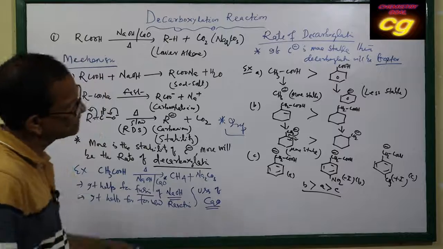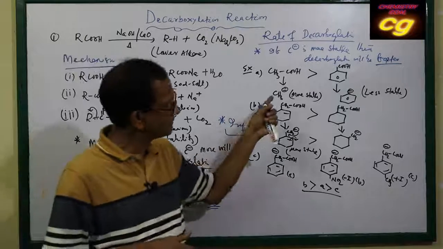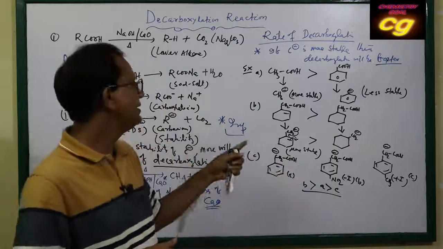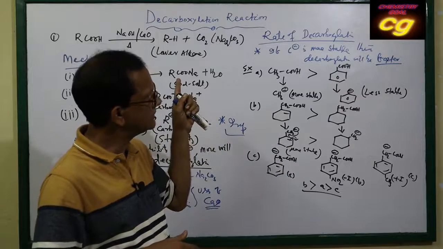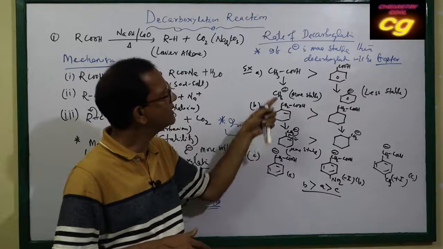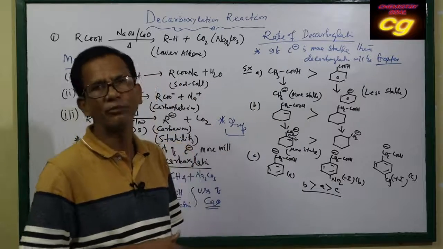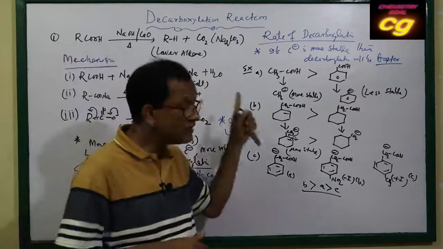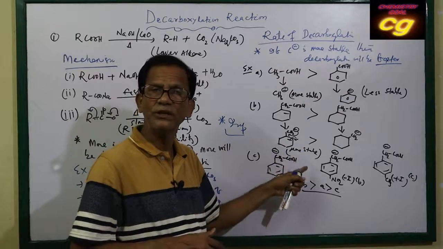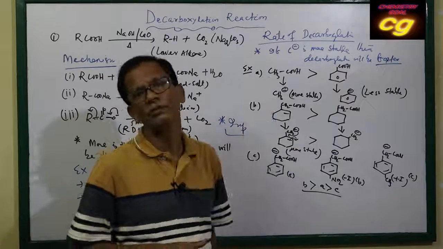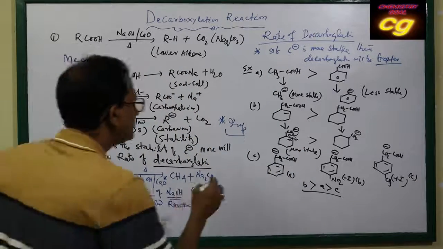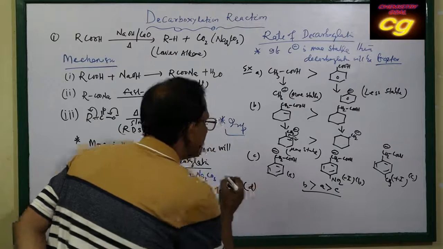Okay, so the stability of the carbanion mainly gives the information regarding the rate of decarboxylation. If the carbanion stability is more, then the rate of decarboxylation is more. For example, this is also one example you can take.